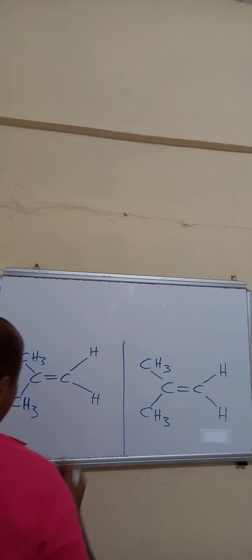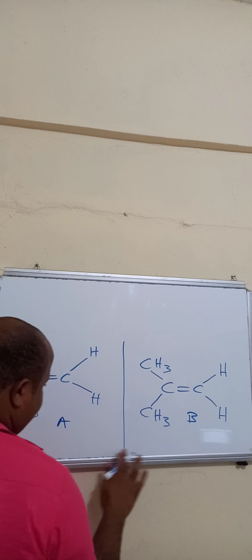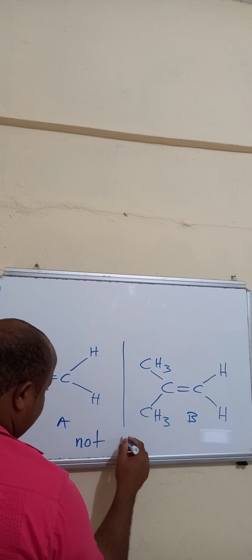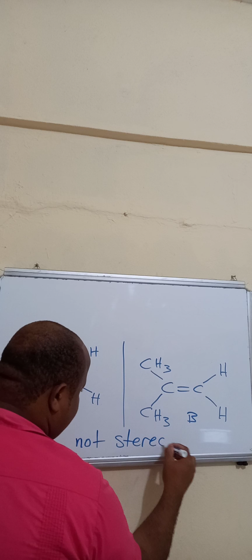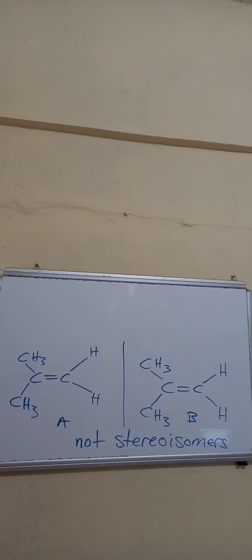So these two compounds, let me call them compound A and compound B, right? They are not stereoisomers.